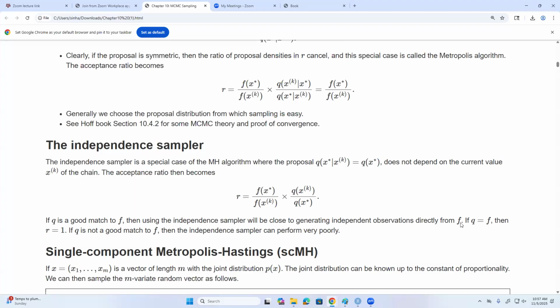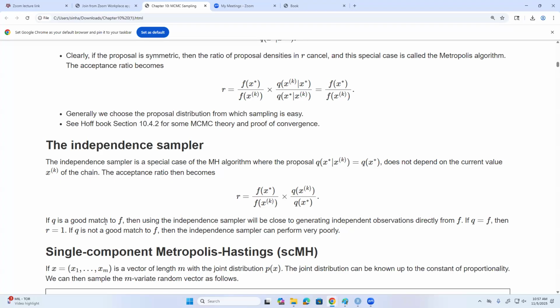We want independent observations, right? Because independent observations will give more information than dependent observations. If you generate 10,000 observations and they are dependent, you have seen the effective sample size will be much smaller than 10,000. Therefore, independent observations are always preferred.